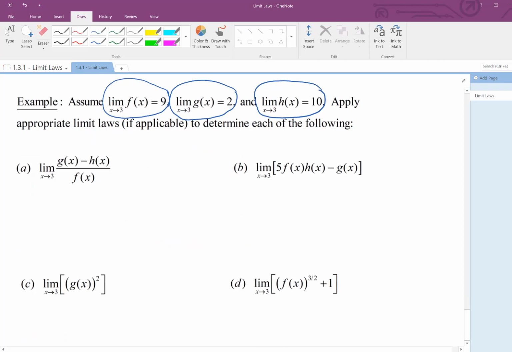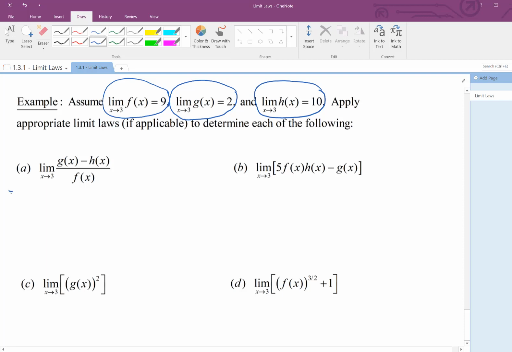So we've got different combinations of functions here. First one, we have limit as x goes to 3 of the quotient g of x minus h of x over f of x. Well, that is a combination of different rules, right? That is the difference rule and quotient rule combined.